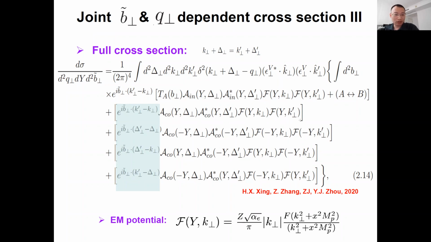So this is quite a bizarre feature in this calculation.